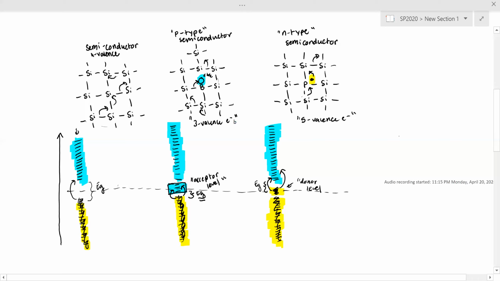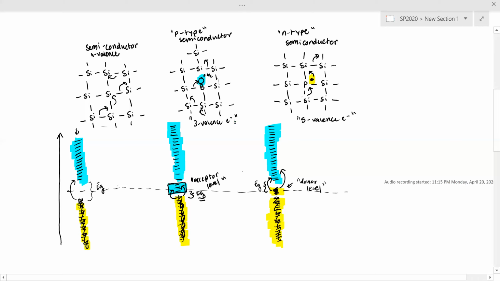Looking at the n-type semiconductor, the same thing. As you can see, there's a donor level in this case, as opposed to an acceptor level, that is added in between these 2 occupied and unoccupied orbitals. And what you can see is that this extra electron that is in this phosphorus, and consequently in all the other phosphoruses, can be moved easily into this unoccupied orbital as a result of this donor level being added.